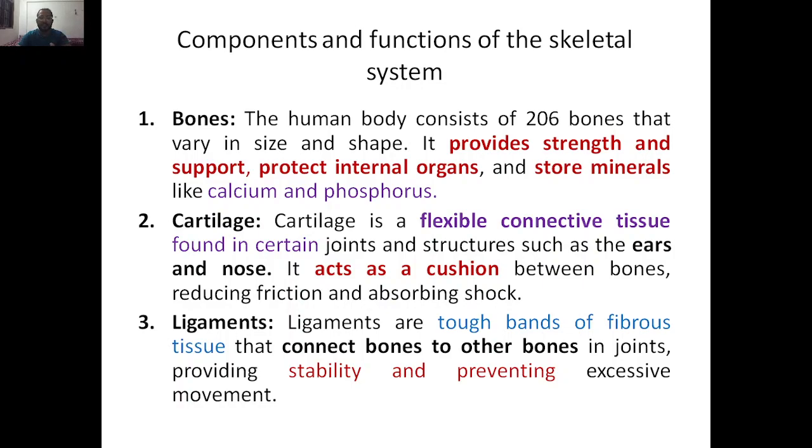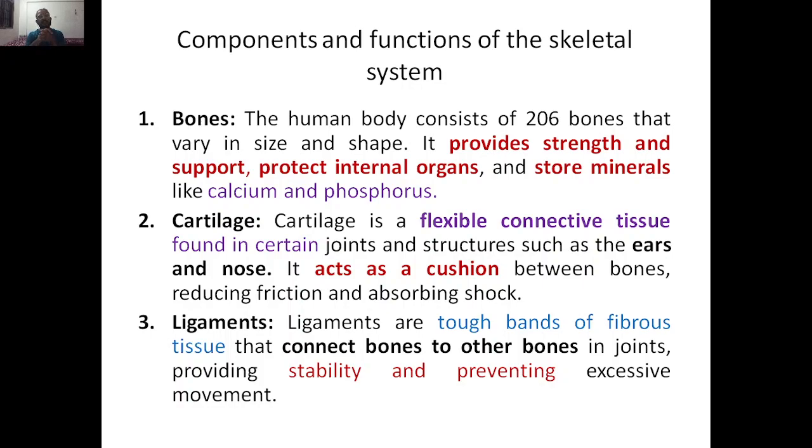Okay, so like that. So next, ligaments are nothing but tough bands of fibrous tissue that connect one bone to another bone. As I told you, here only the ligaments will be there, that connect one bone to another bone like this, providing stability and preventing excessive movement.